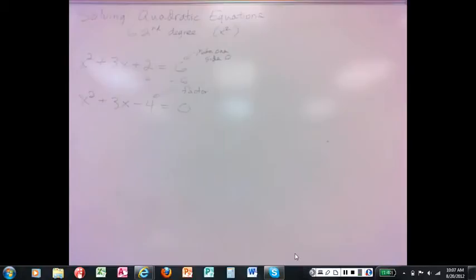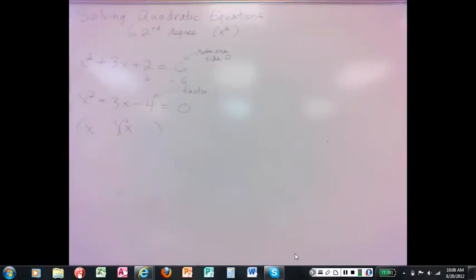Is that factorable? I believe so. It's a trinomial, so I'll set it up. It factors into two binomials. We've got x squared, so I break that up: x times x.